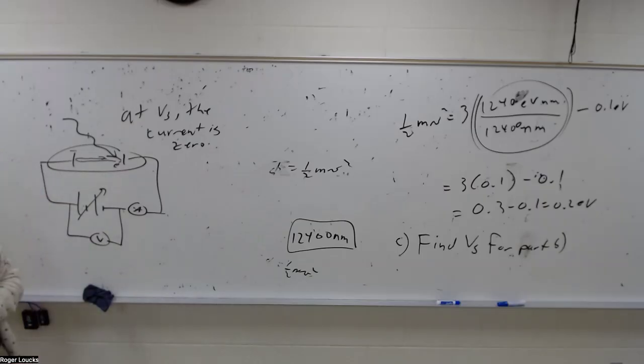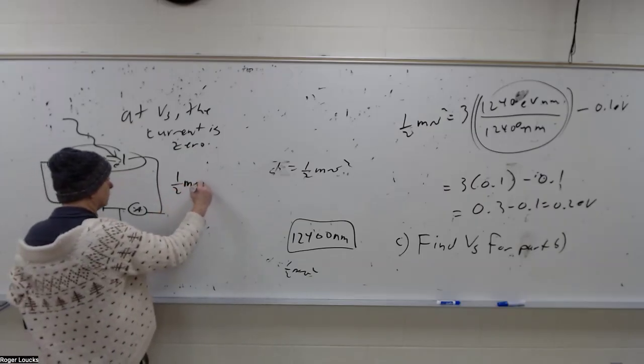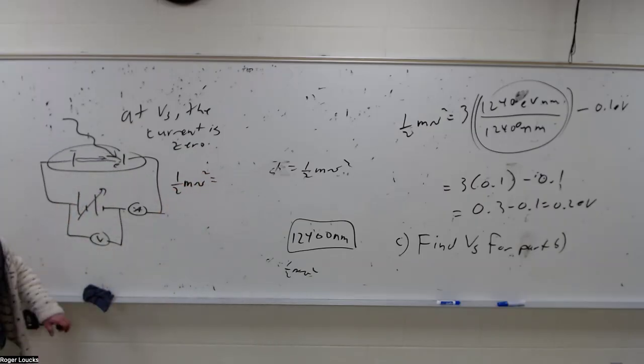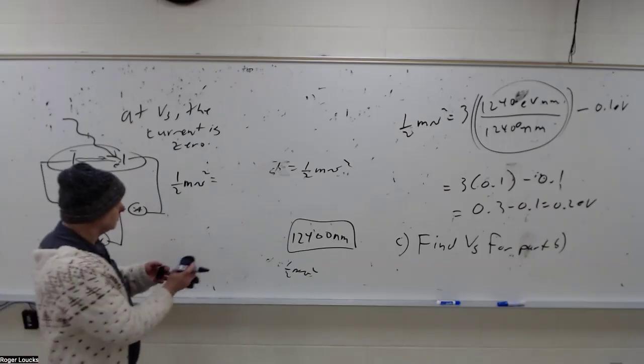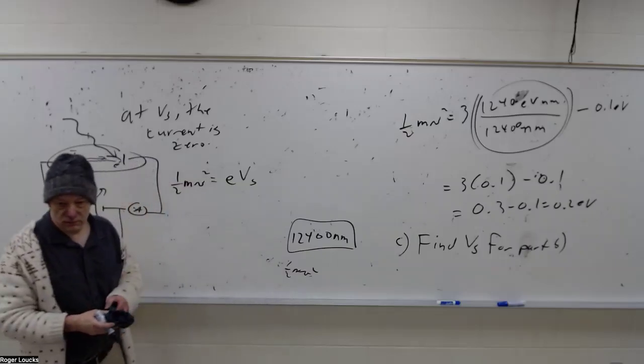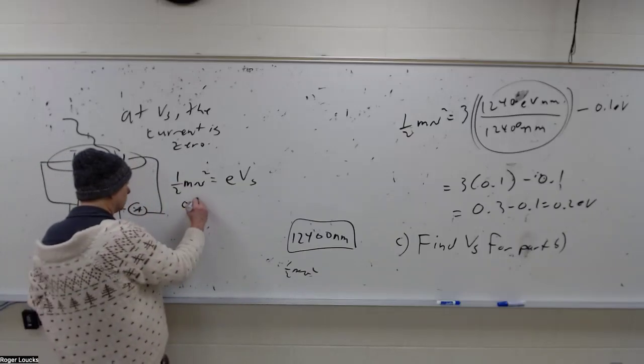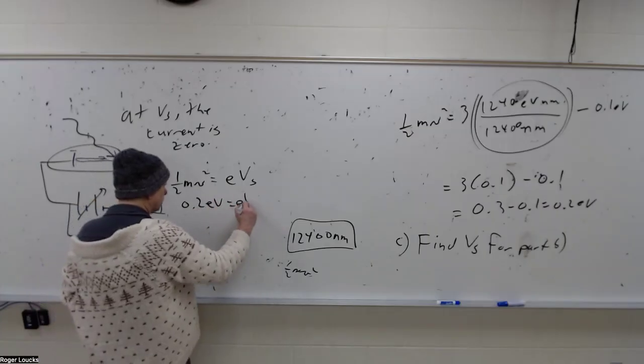What did we show last time? We showed that this 1/2 mv squared is nothing but e times V sub S. So I have the 0.2 eV equals e V sub S.